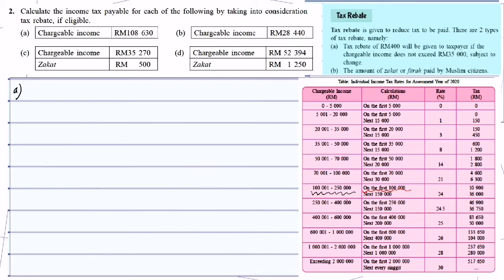So now tax on the first 100,000. So what is the amount here? 10,900.